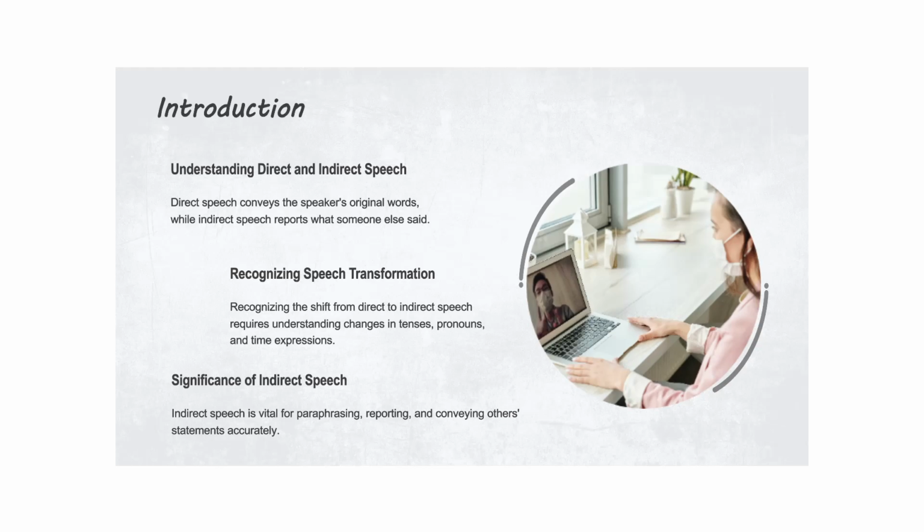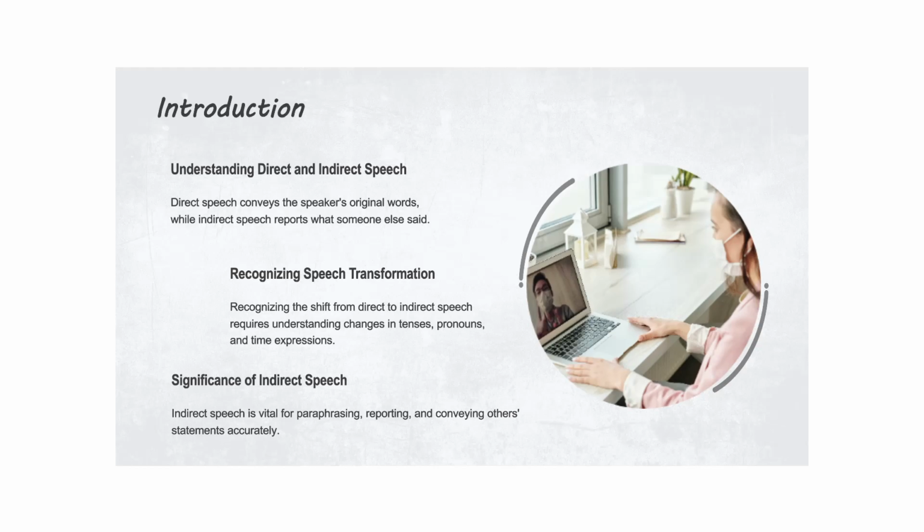So let's continue. Recognizing the shift from direct to indirect speech requires understanding, as I've already discussed, the basic grammar. It requires understanding changes in tenses, pronouns, and time expressions. Then, the significance of indirect speech.